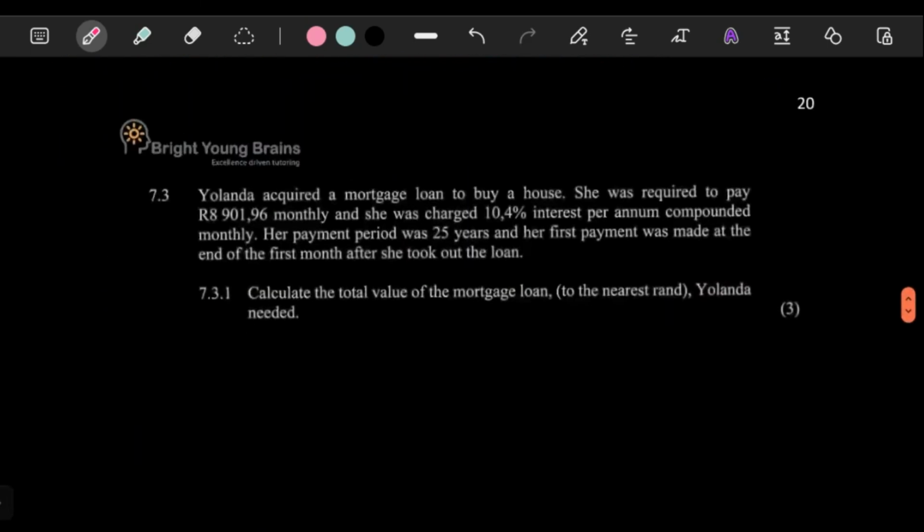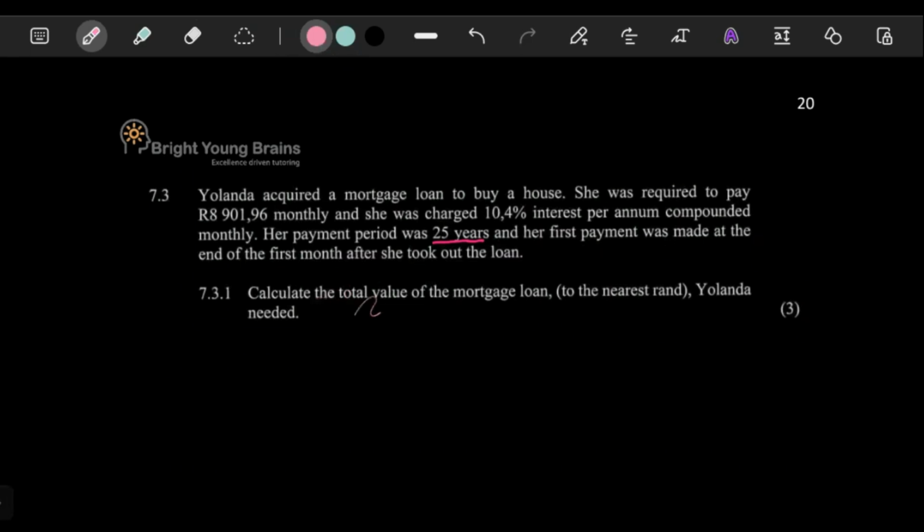The next one says, Yolanda required a mortgage loan to buy a house. She was required to pay this much monthly, and she was charged 10.4% interest per annum compounded monthly. Her payment period was 25 years, and the first payment was made at the end of each month after she took the loan. So there are no months that she skipped.